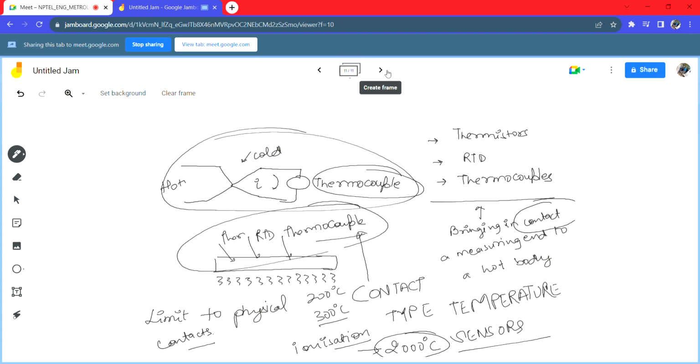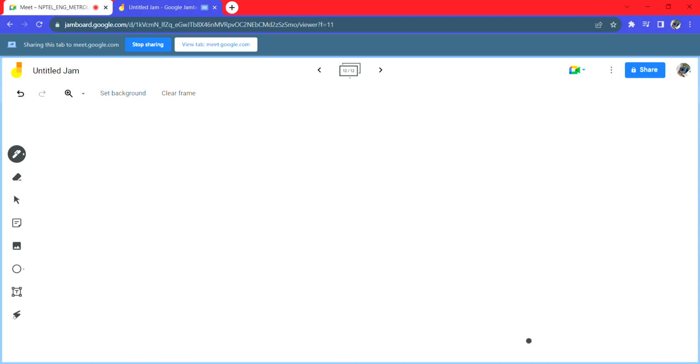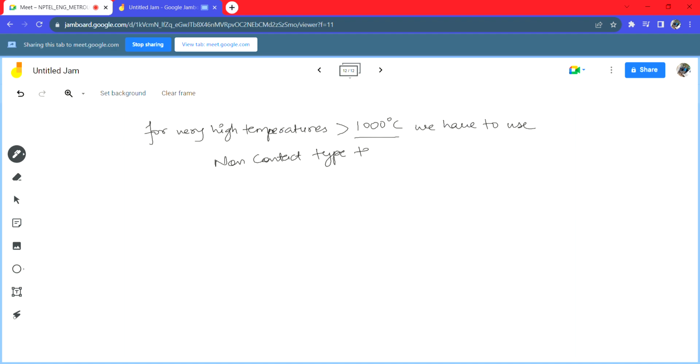So for very high temperatures, say above 1000 degrees Celsius, we have to use non-contact type temperature sensors.